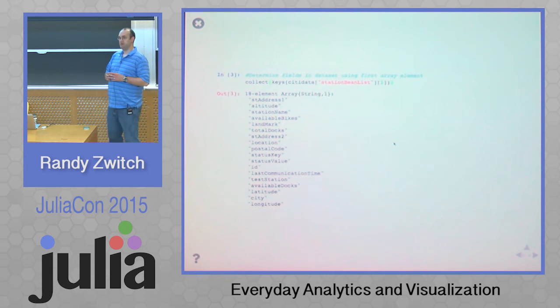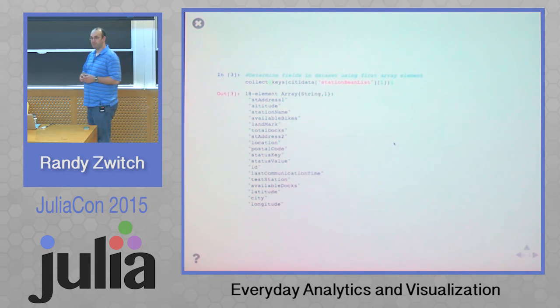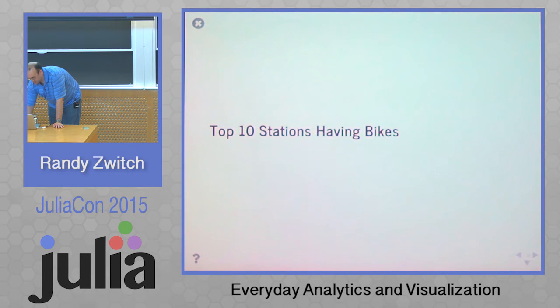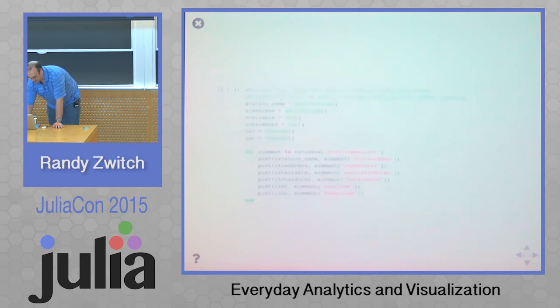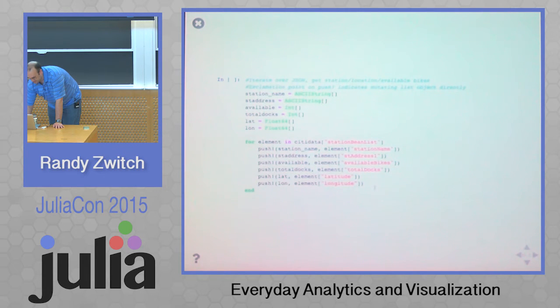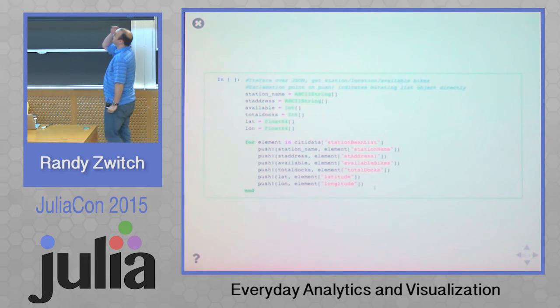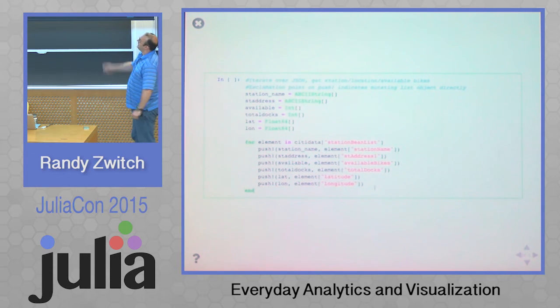They just give you the location of the bikes, the available bikes that they have, the total number of bikes in the station, and so forth. And we can calculate the top 10 stations having bikes just using some pretty simple arithmetic. So in this case, all I'm doing is creating empty arrays and then taking the keys out of the dictionary.